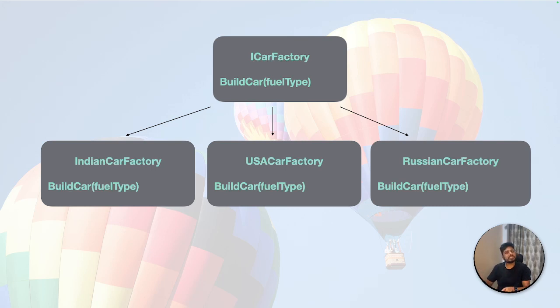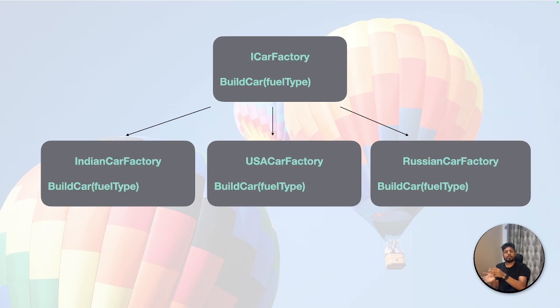This structure that you see is the factory design pattern, which you can understand in more detail by clicking on the eye icon, where I have linked that old video. So this is a factory pattern where we have three factories, one for each region, and each factory is responsible for creating cars for that particular region.